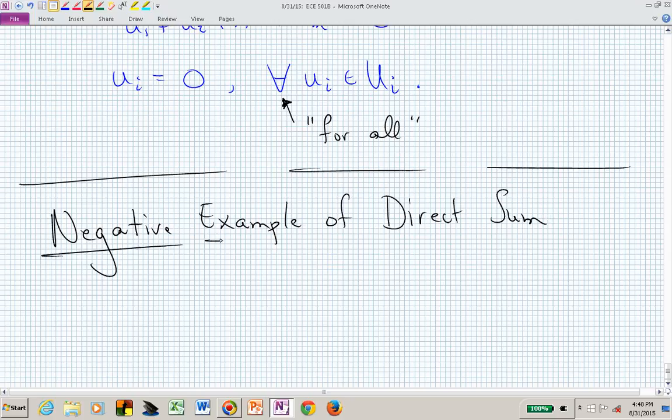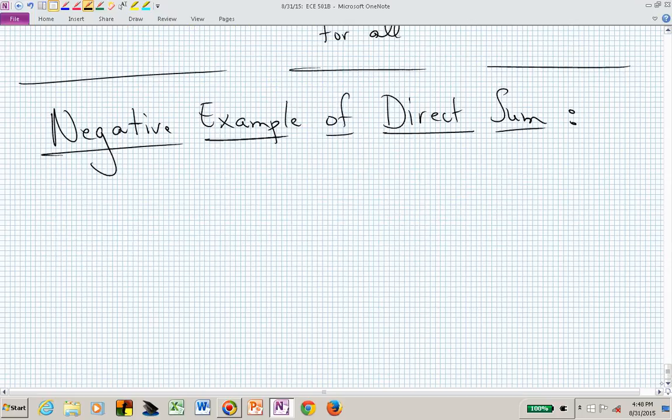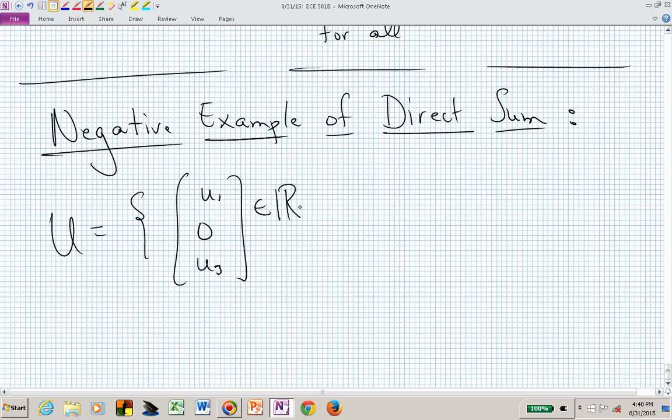Suppose script U is now U1, 0, U sub 3, a vector in R3, such that U1 and U3 are real, and they're independent of each other.